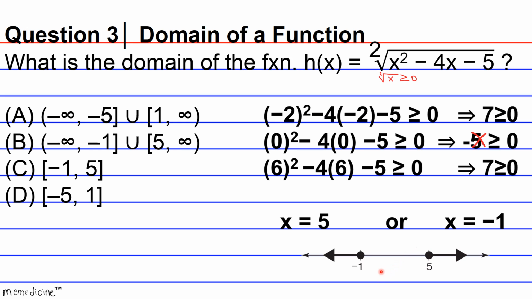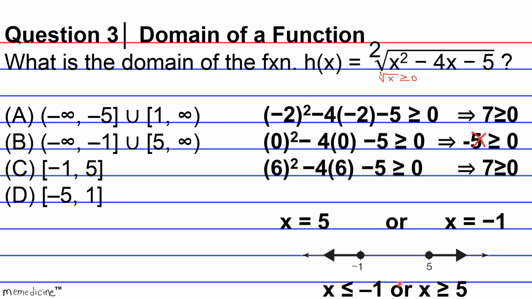So as an inequality statement, this can be translated into this. The domain of x such that x is less than or equivalent to -1 or greater than or equivalent to 5. So we have two intervals here that we need to account for in the domain, okay?